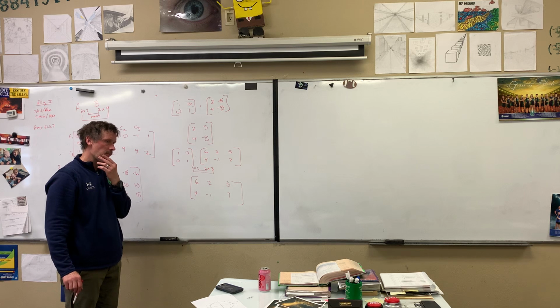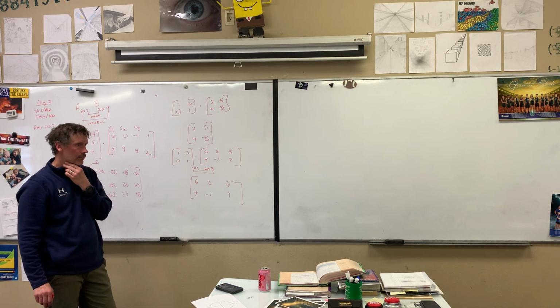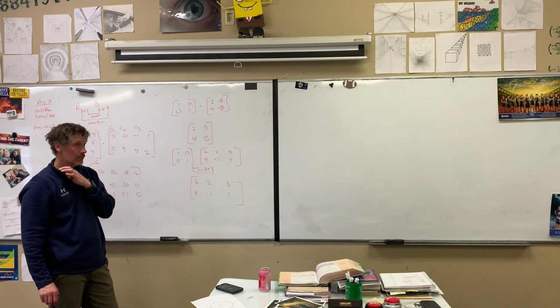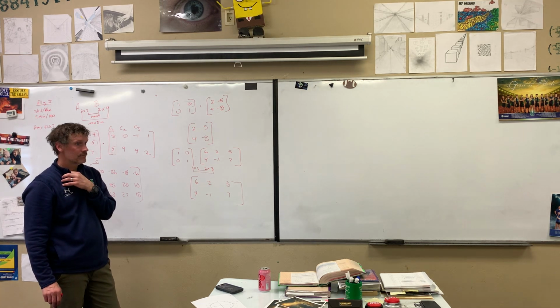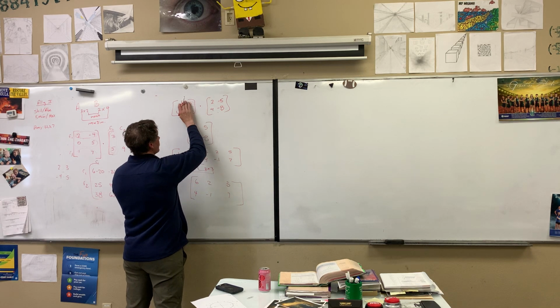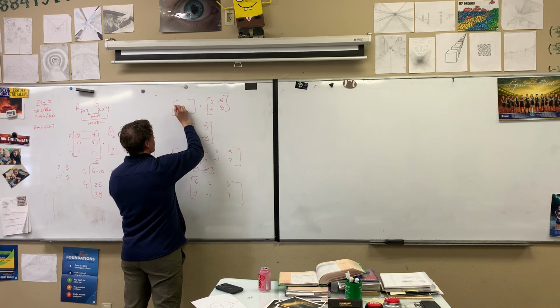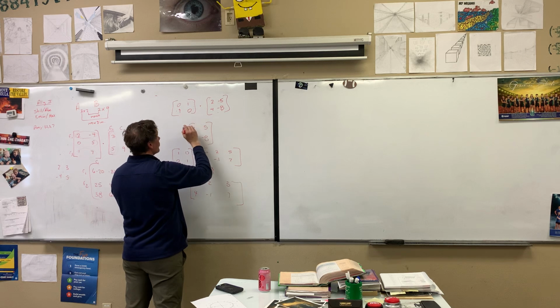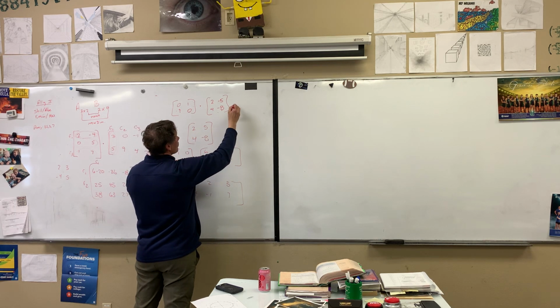So if you had a 0 in the top left and went like 0, 1, 1, 0, then would it just switch the whole thing? Would you get 5, negative 8, 2, 4?